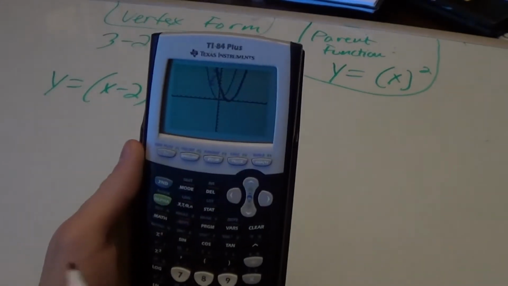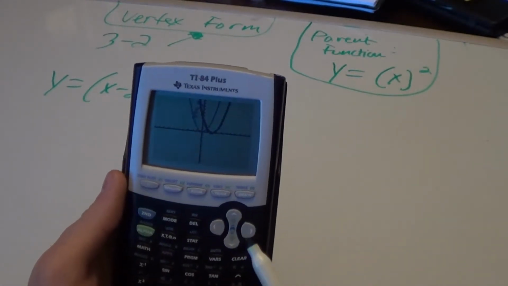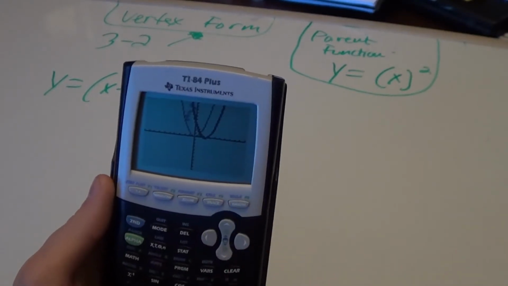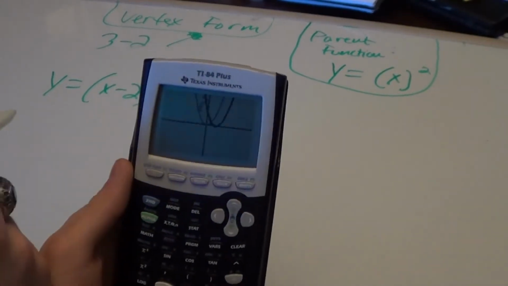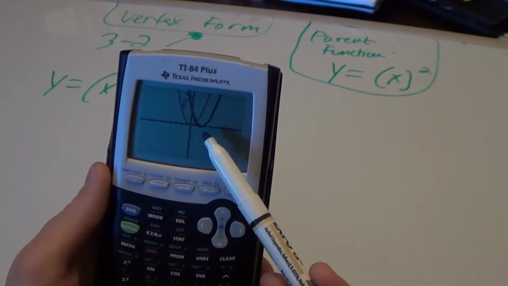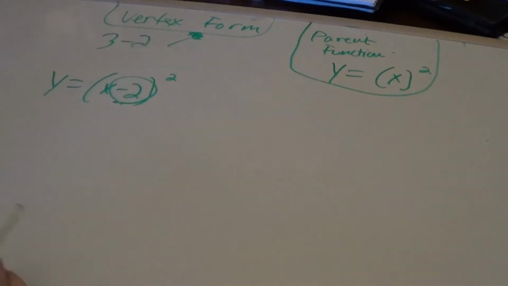And you can see that the thinner line right in the middle would be the parent function, and the more elaborate line right there would be this equation. And as you can see, it's 2 spaces to the right because of this negative 2 right here.